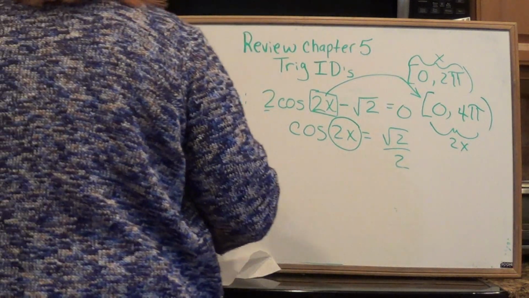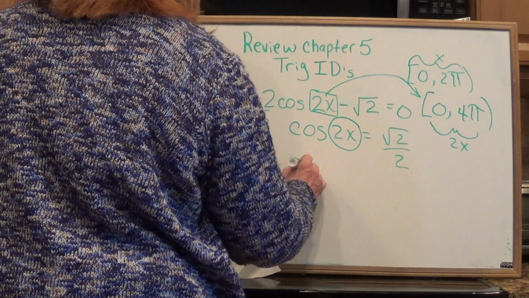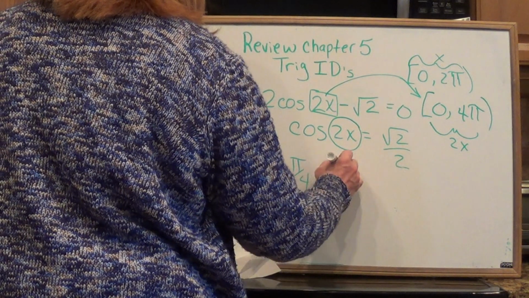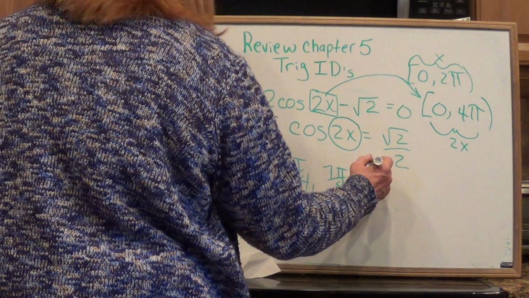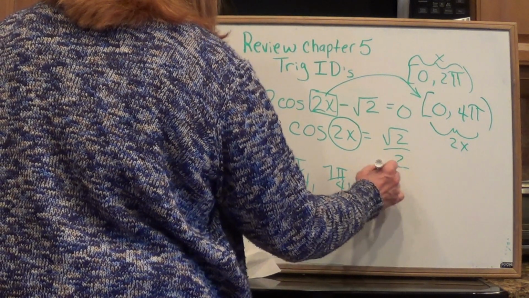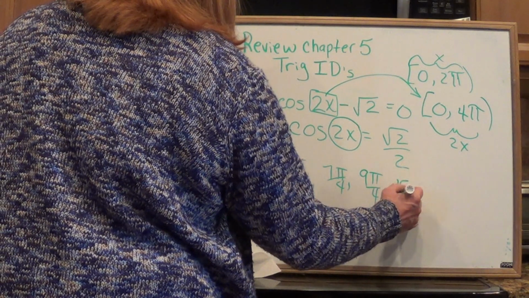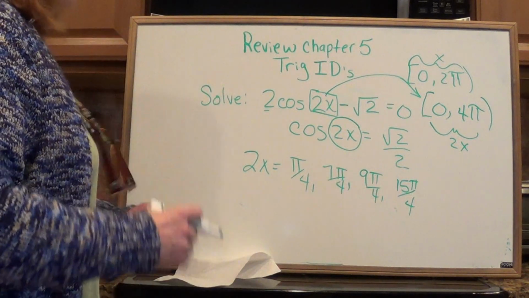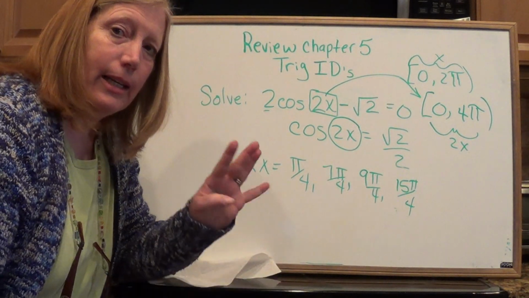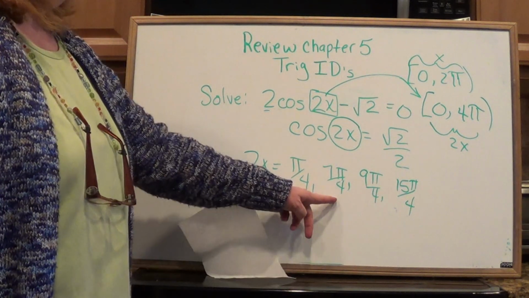We have 2x equals pi over 4, 7 pi over 4. Then we went up to 9 pi over 4 and 15 pi over 4. Now that we have taken the cosine, you know you've taken the cosine if you've looked at your unit circle, and certainly we did to get these values.